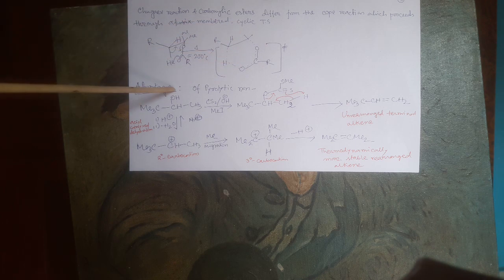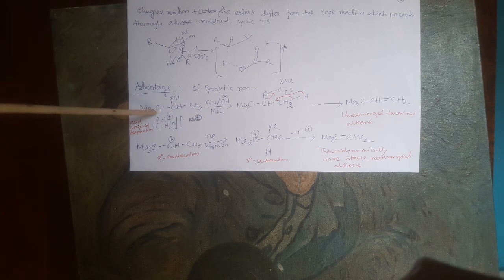Okay, now we see the advantage of these pyrolytic reactions. Here this is an alcohol, secondary alcohol, CMe3CH(OH)CH3. So this is a secondary alcohol. If we do acid catalyzed dehydration, what happened? In acid catalyzed dehydration, here OH is protonated to form H2O plus.